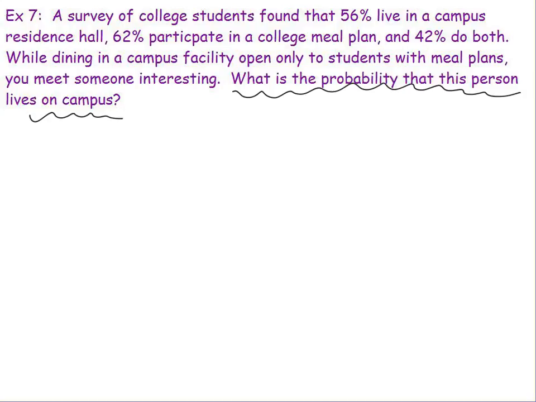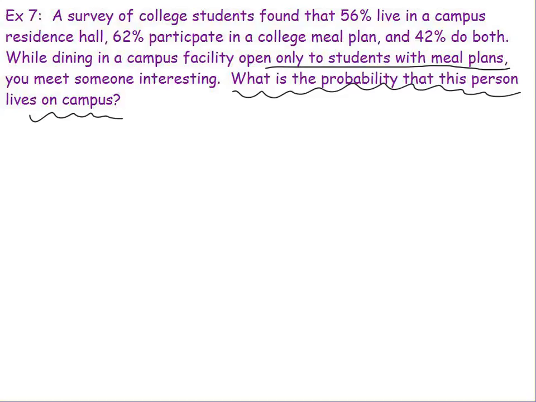But there is something that we know is happening prior to that. You are dining in the campus facility, and it is only open to students with meal plans. This right here, only open to students with meal plans, is something that we know up front. You're doing this already. You're in the dining hall.